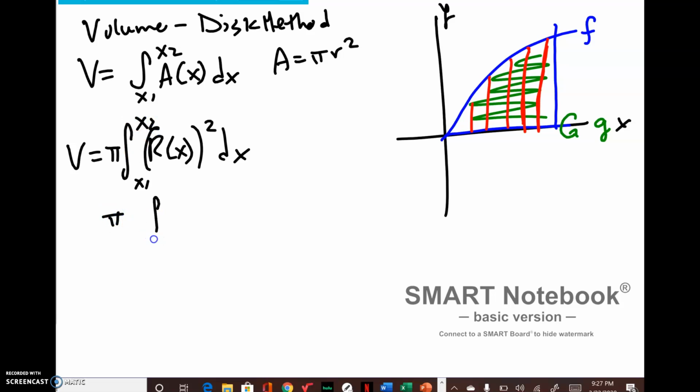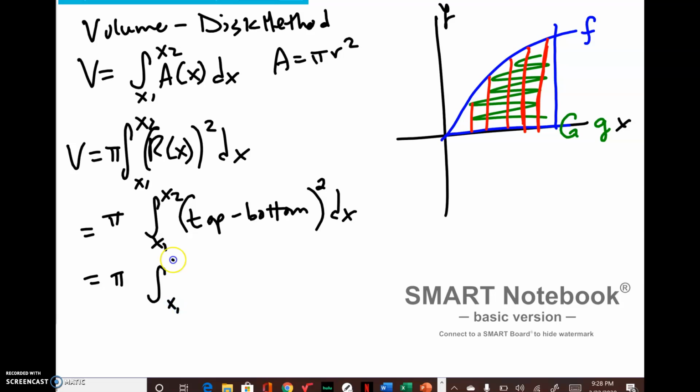And then here it would be top function minus bottom function, represented by this radius, this vertical red distance here, squared dx, x1, x2. And in this picture specifically, it's x1, x2, and f of x minus g of x dx.